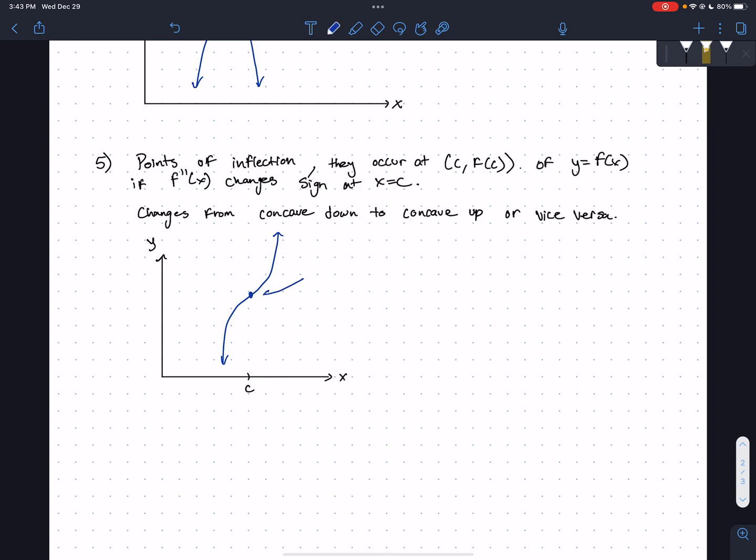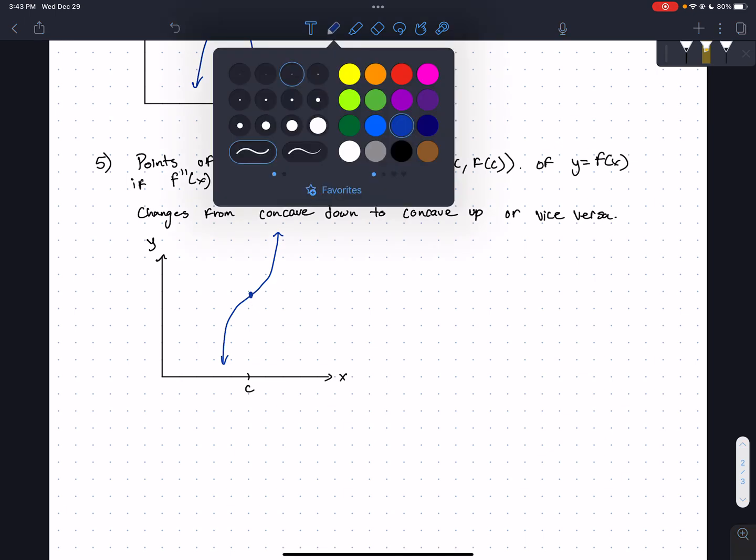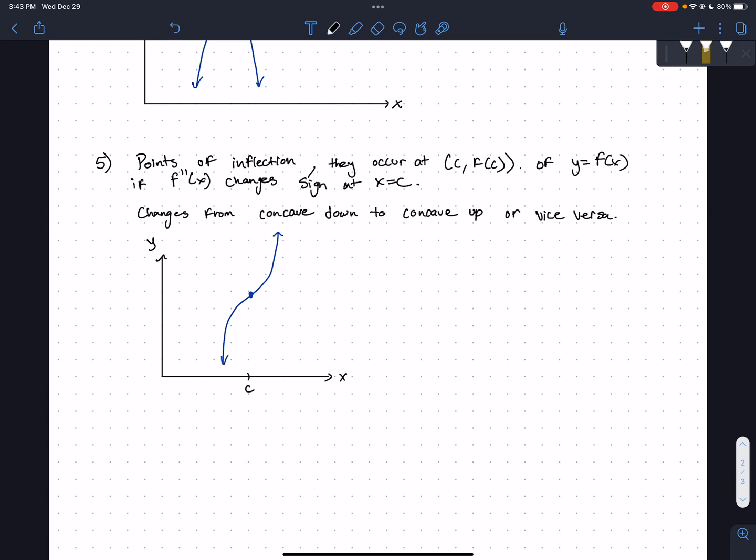This is not a critical point. A critical point is seen as where you're seeing changes in direction, but here it's still increasing. It's not going like this, as we do with quadratic functions. So this is just known as an inflection point, or point of inflection. Okay?